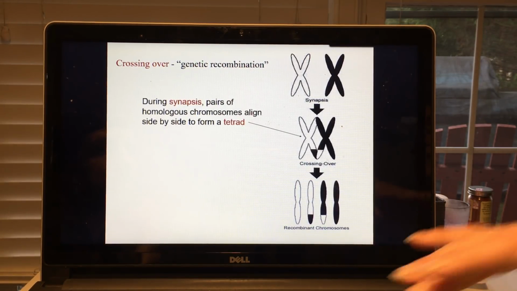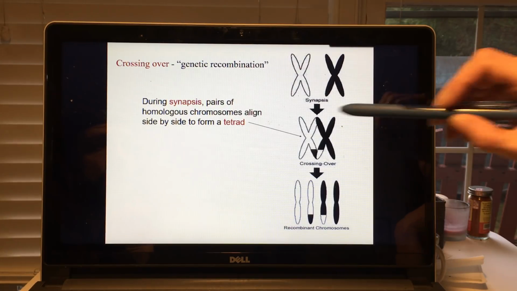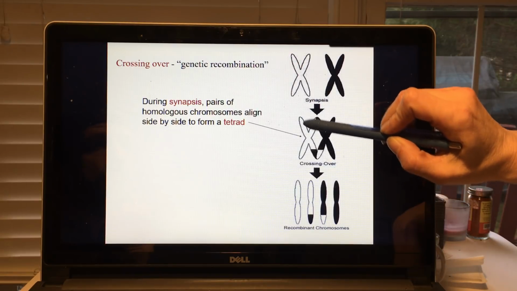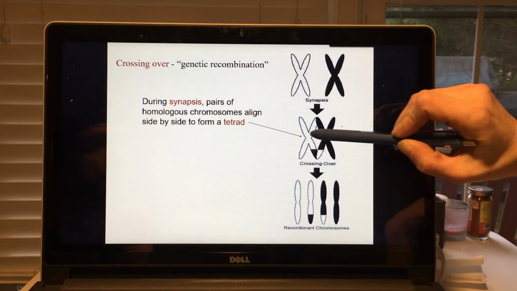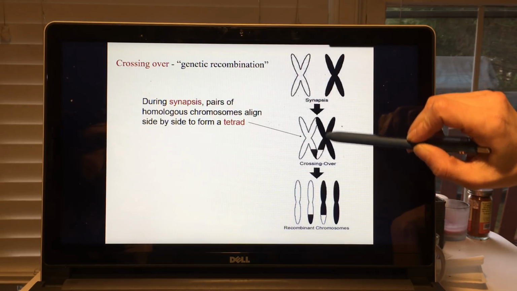But during synapsis, what is formed is called a tetrad. Remember that each double-stranded chromosome has 2 sister chromatids, and the sister chromatids are genetically identical to each other. But now, if you have homologous pairs, these are not genetically identical to those.